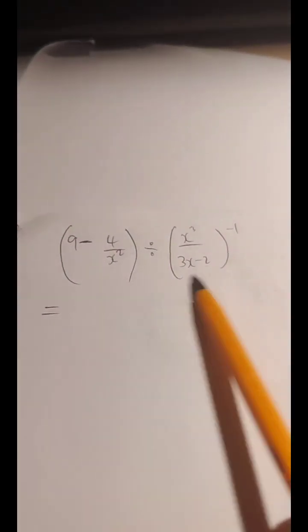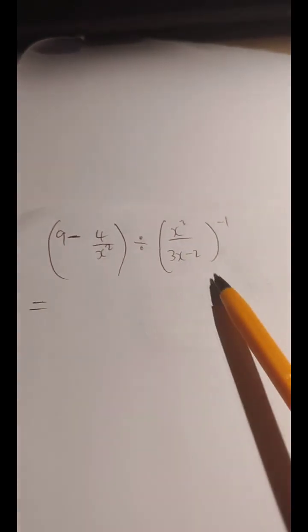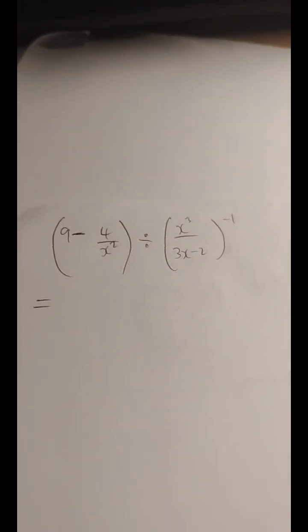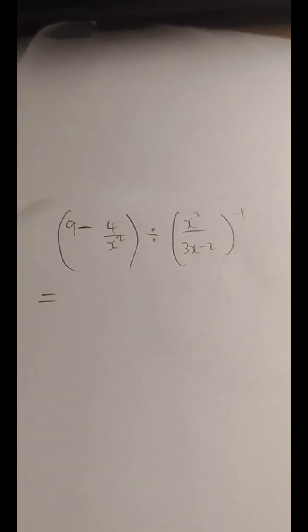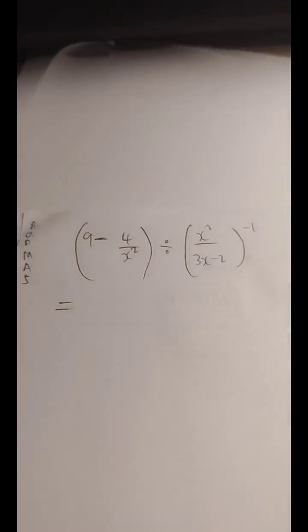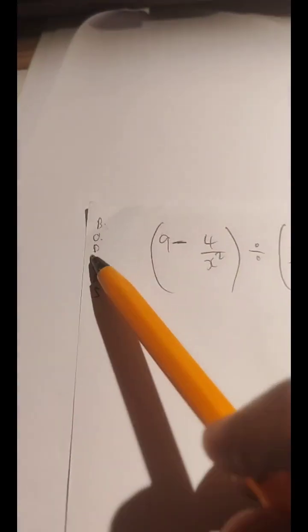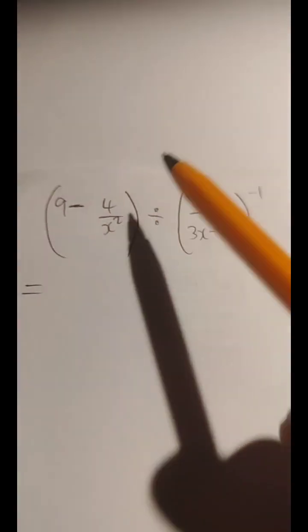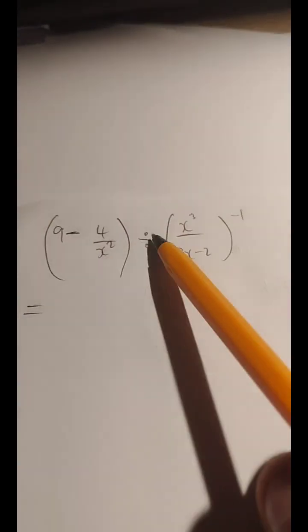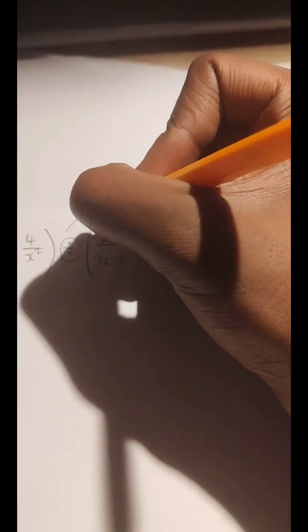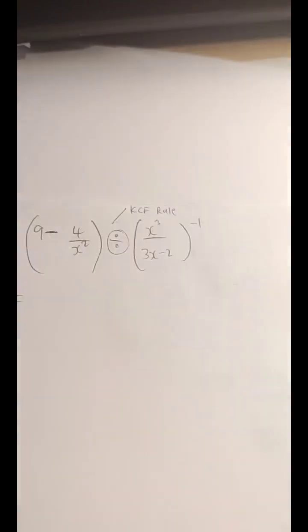So what we have here is a question that encompasses exponents, division, and addition of fractions, and we are required to simplify. So I am thinking of BODMAS, brackets. But before I jump into that, I remember something about division, a rule called the KCF rule.